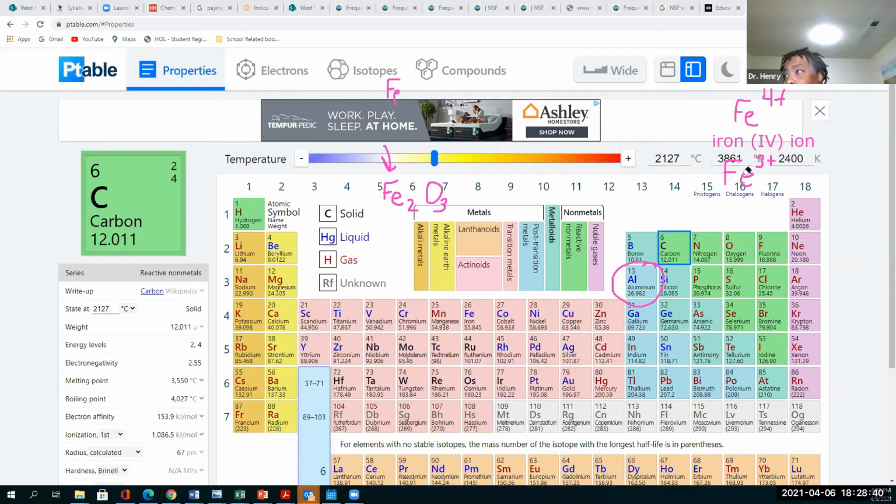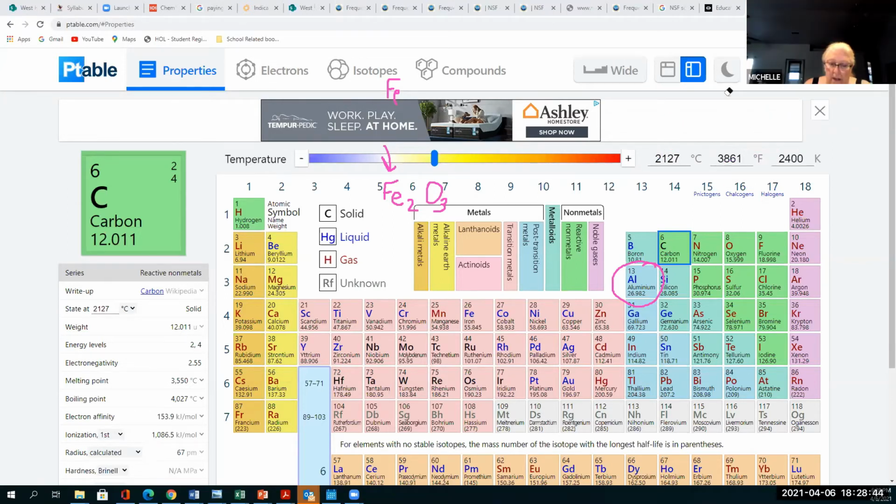Is it going to be a +2 because the oxygen is -2? So if each of those is -2, we have 3 of them, that's -6. So the Fe's would have to be 3s because there's 2 of them, right? That is correct. The Fe's would have to be +3.